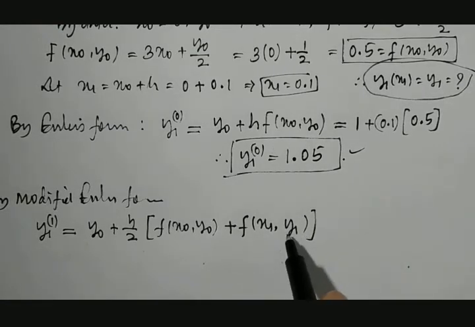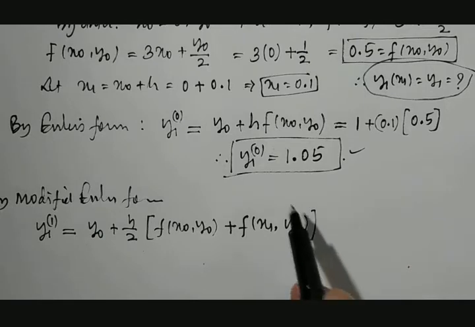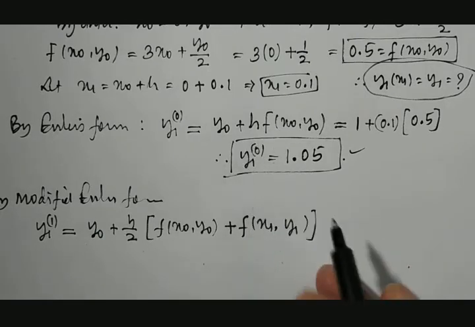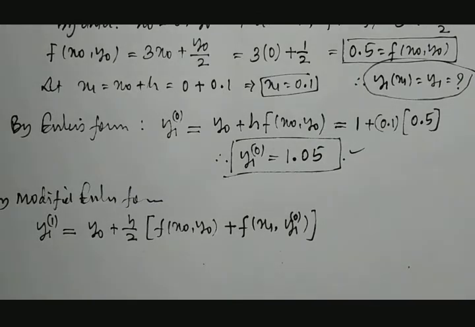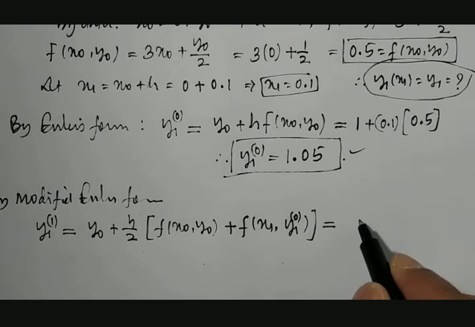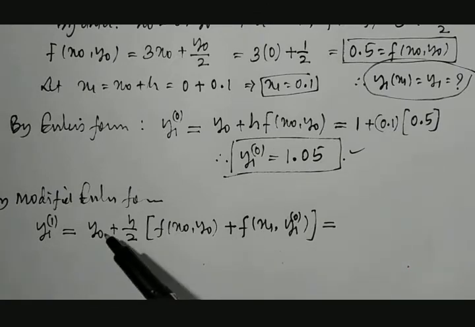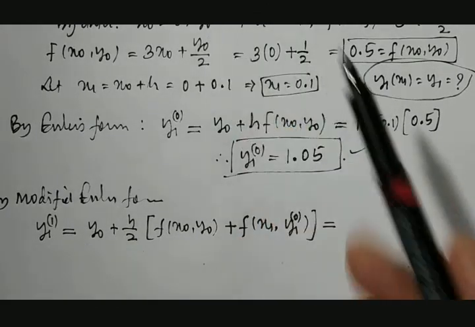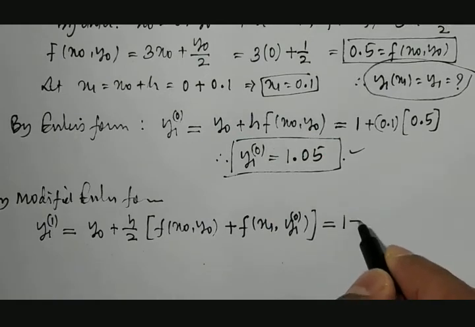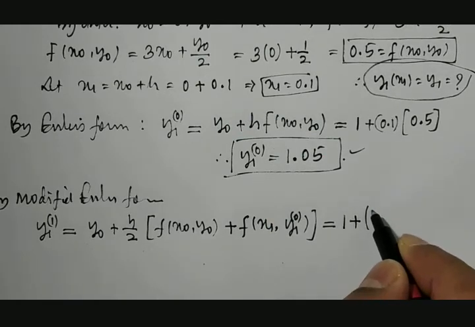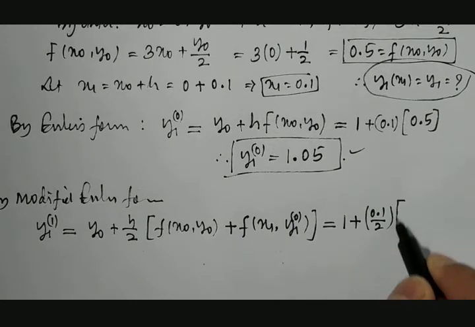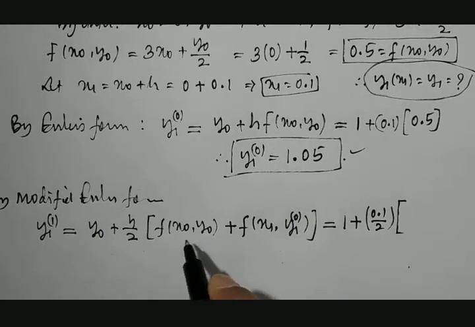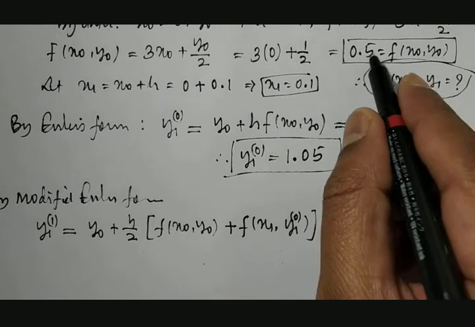But which y1? The recently obtained value, that is, the initial approximation to y1. Let us substitute the values. The value of y naught is equal to 1 plus h, that is 0.1 divided by 2, into the value of f of x naught, which is calculated, that is 0.5.